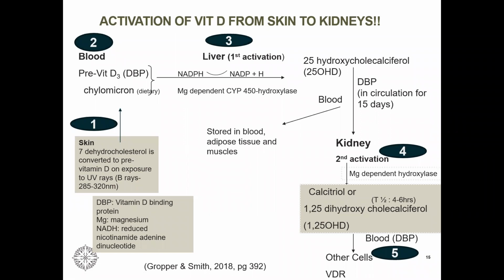So this flow diagram is telling us how we are synthesizing vitamin D from the skin. And when I say synthesize, we are also discussing how we are activating it.